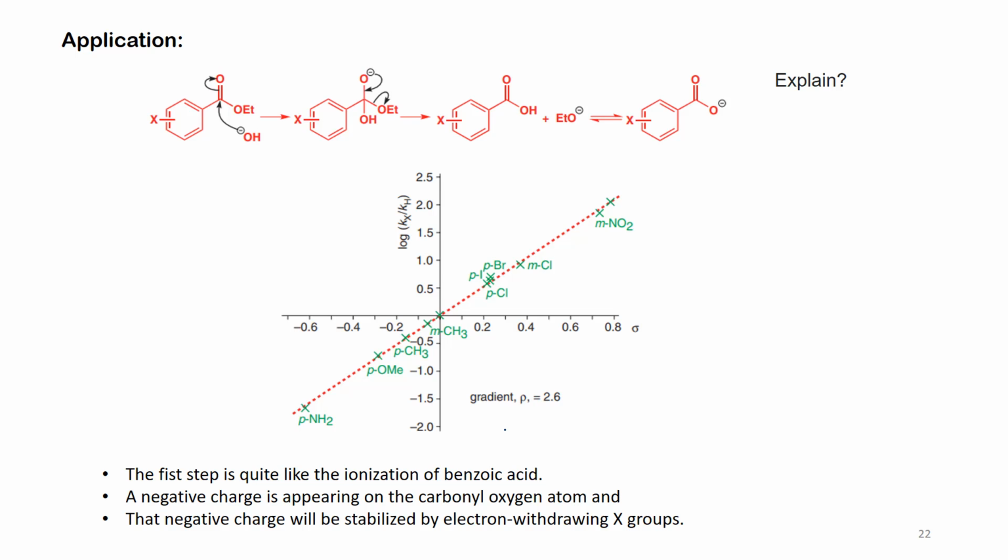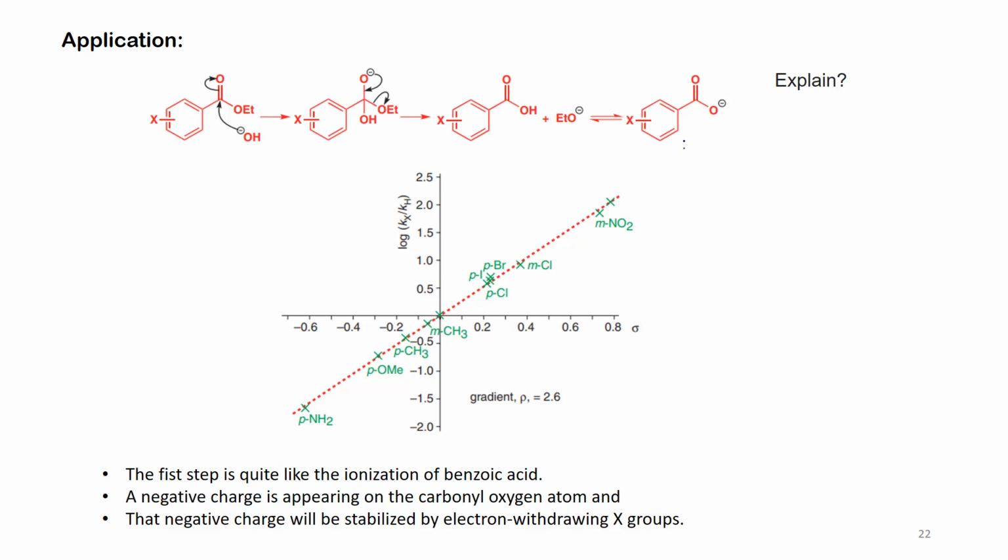In this reaction pathway, OH minus attacks the carbonyl and opens it up, then OEt minus is removed from the system, and then deprotonation occurs. From here, the reaction is similar to that of benzoic acid, as the product we got is the same as in the deprotonation of benzoic acid.